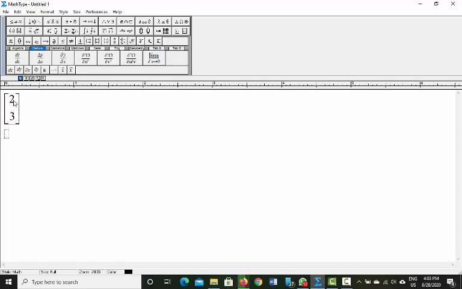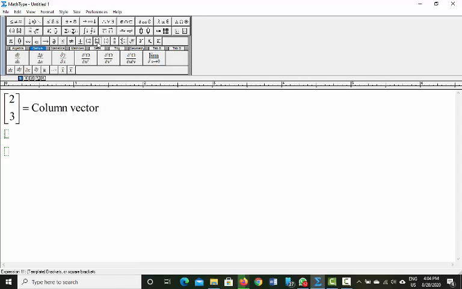If you have only one column in the matrix, we will call it a column vector. We will not call it a matrix, we will call it a column vector.